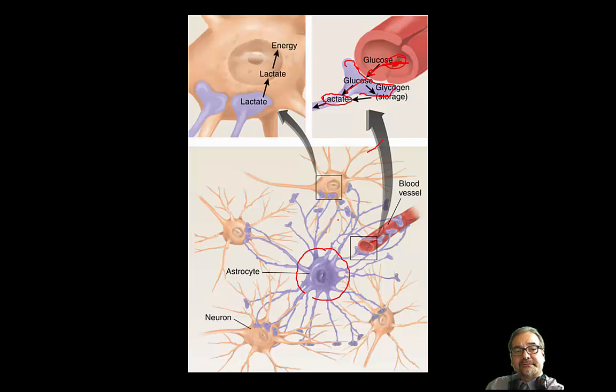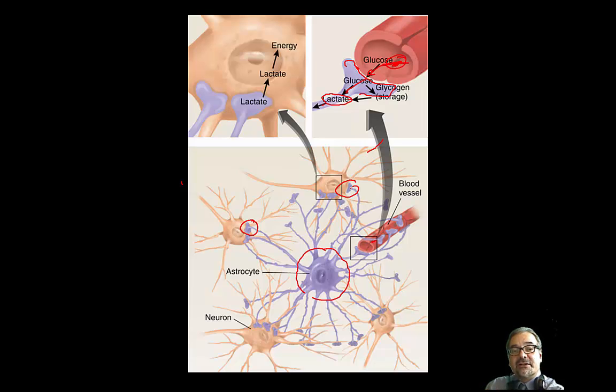Number two, the astrocytes provide support for neurons. In a way, this process of holding on to neurons to provide nutrition and other chemicals that allow for the functioning of neurons also provides a supportive mechanism to keep neurons in place.